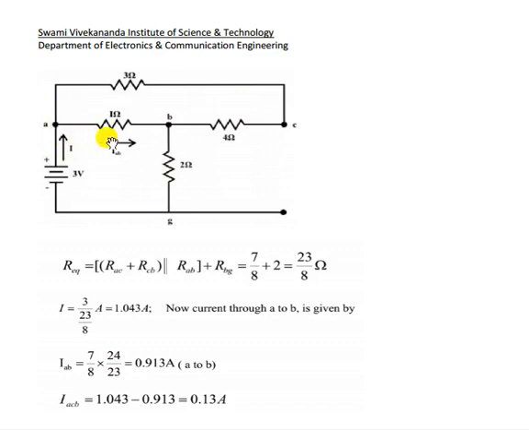Now the other branch resistance is what? That is 4 plus 3, 7. This is the series circuit, and then it is dividing. And the total branch resistance is 7 plus 1, 8. So 7 by 8 into this 24 by 23. So we got IAB.